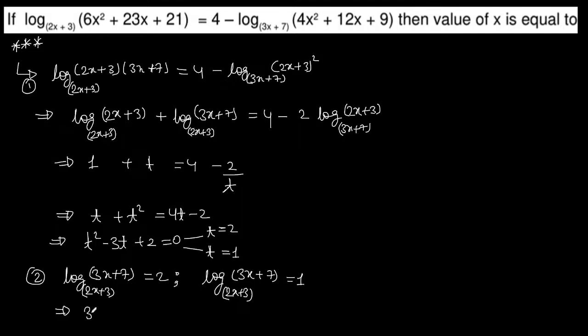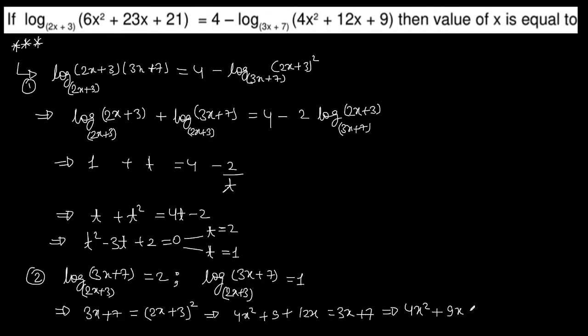This will come out to be 3x plus 7 equals 2x plus 3 whole square. Further solving, we have 4x square plus 9 plus 12x equal to 3x plus 7. Going further, 4x square plus 9x plus 2 equal to 0.